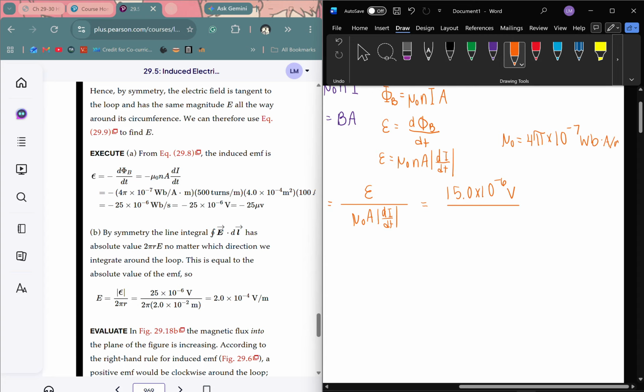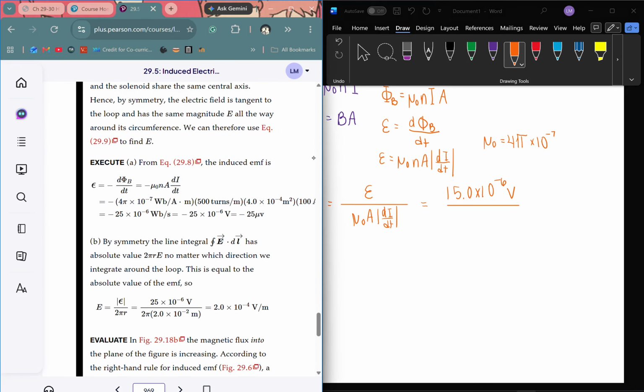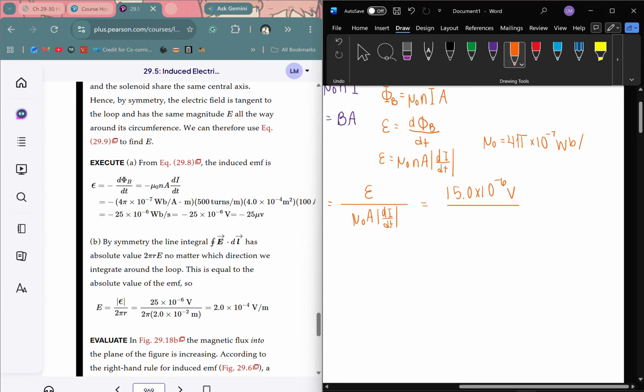I'm checking the textbook to double check. It's Wb divided by A times m.